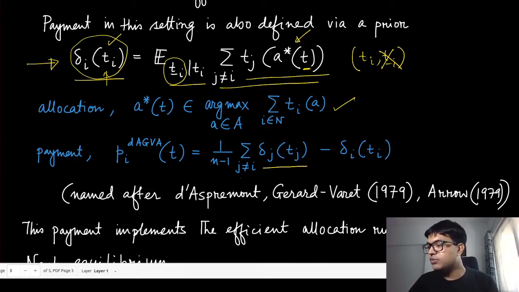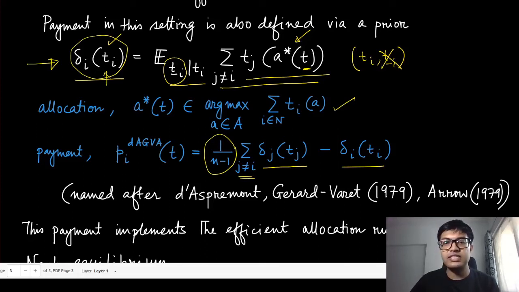We are going to sum over all the agents this value of delta j Tj for all the agents except agent i, and take a product with 1 over n minus 1. We'll see what the purpose of keeping this multiplier of 1 by n minus 1 and subtracting out delta i Ti is. This is also quite similar to the VCG mechanism, but the only difference is that this is an expectation with respect to T minus i for each of these delta j's.